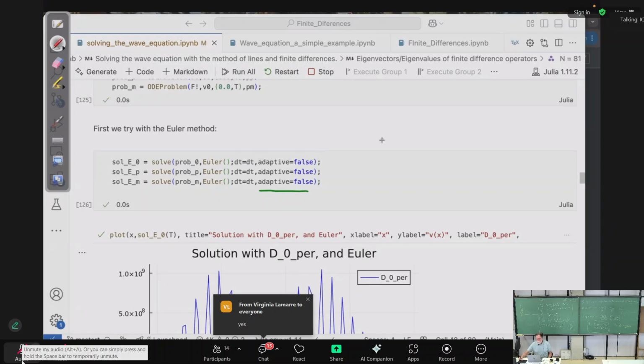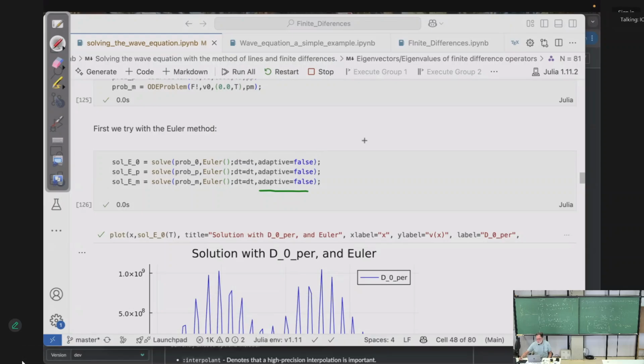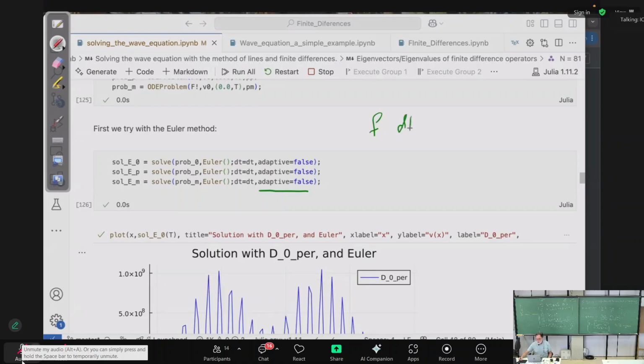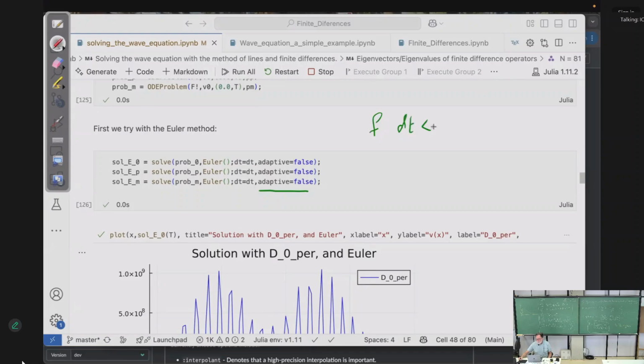That means they try to preserve some error, and if they see that you are making too much error, so that f is growing too much, they will take dt smaller, so dt of n plus 1 will be smaller.